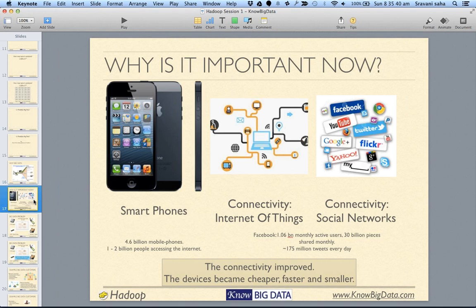These are the three criteria which every hardware manufacturer follows religiously, and that has resulted in this whole generation of a lot of data, right? While on one hand the devices have become cheaper, faster, and smaller, connectivity also has become cheaper and faster.